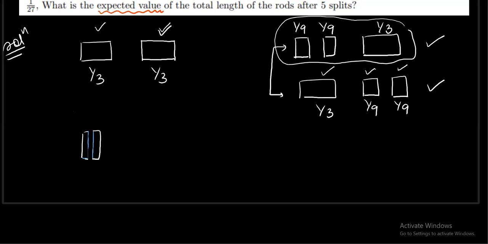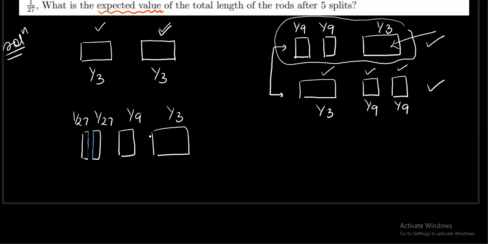So this will now be of length 1/27, 1/27. The next rod is of length 1/9 and the leftover rod is of length 1/3. So either he is going to get four rods of this kind, or it might be possible that he split the rod with the length 1/3. So in that situation, one rod of length 1/9, another of 1/9, and after removing 1/3 of this portion, again you will be left with two more rods of length 1/9.